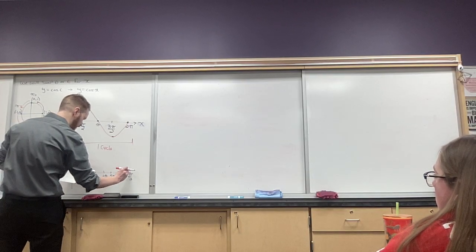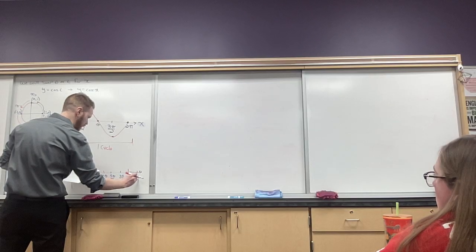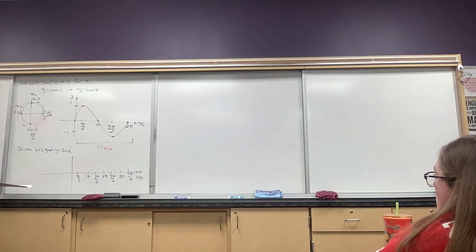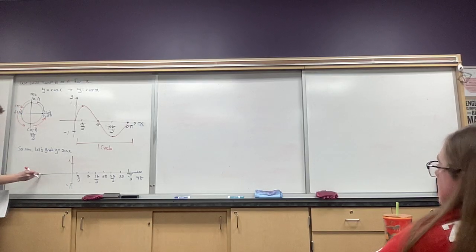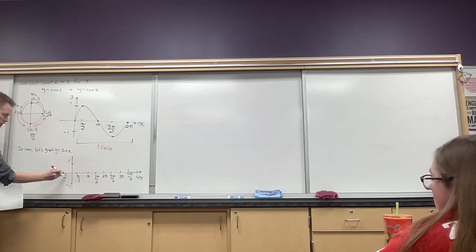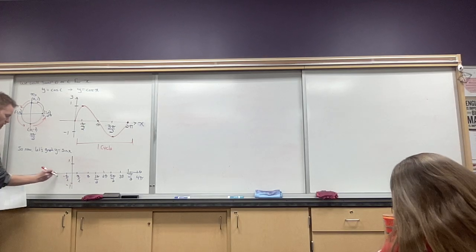And I'll move in a moment. Let's say I went one more rotation around the unit circle. And let's say I went in the opposite direction as well. So instead of pi over 2, I'll have negative pi over 2. These all just become negatives.